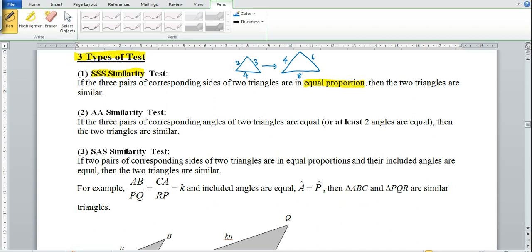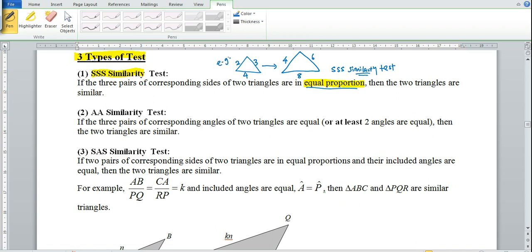Because 2 times 2 is 4, 3 times 2 is 6, 4 times 2 is 8. So in this case, all the sides have equal proportion. So I can conclude that they are similar based on my SSS similarity test. We have to include the word similarity to differentiate it between the congruent SSS and the similarity SSS. So this is an example here.